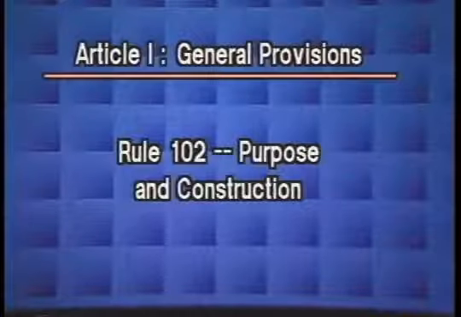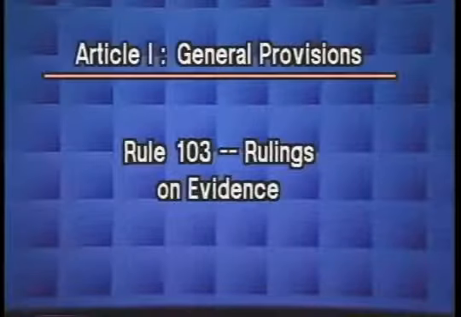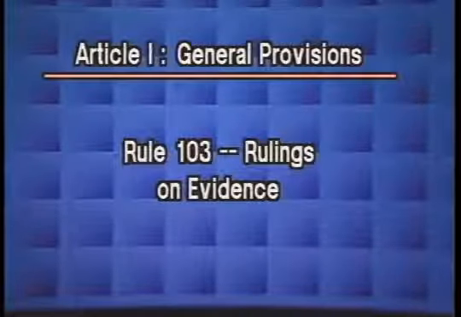Rule 102 says the obvious: construe the rules to secure fairness to the end that the truth may be ascertained and proceedings justly determined. We are now through with 2 rules, and you need never see those 2 rules again. Rule 103 is a codification of the basic rule of offering and receiving evidence and the handling of objections to the admission of evidence.